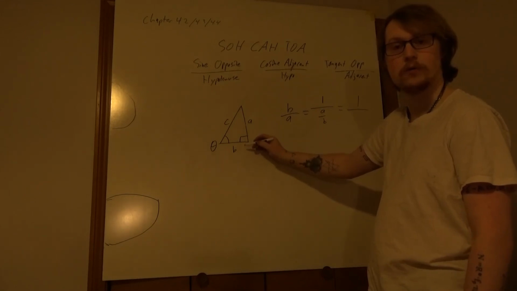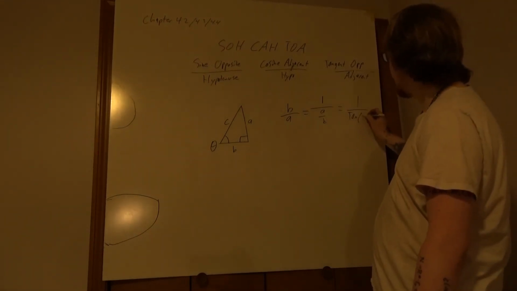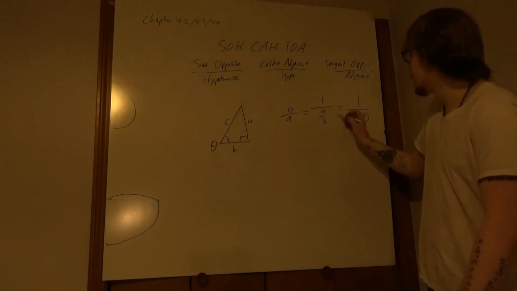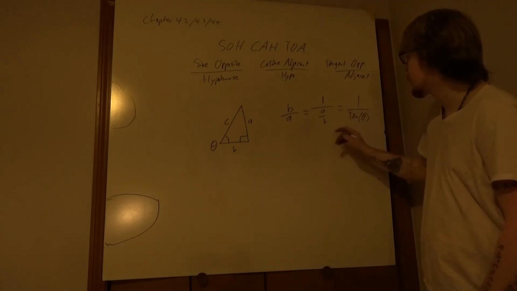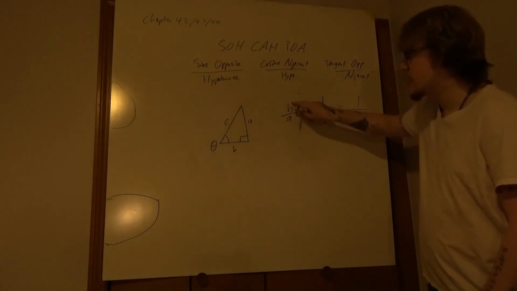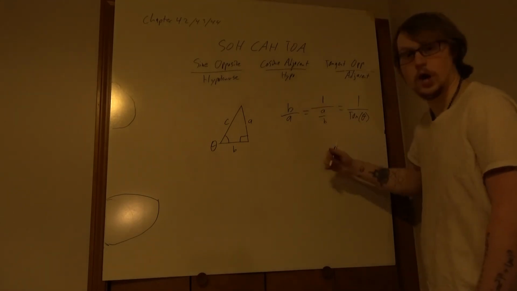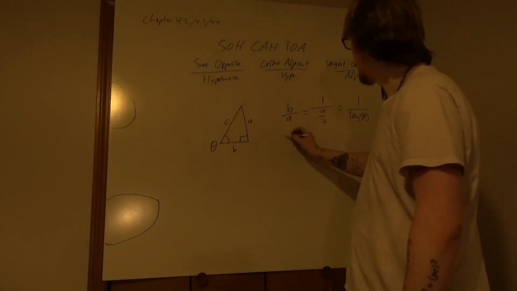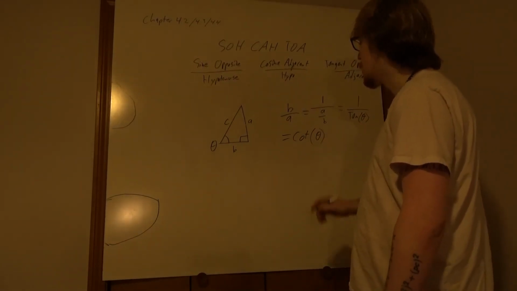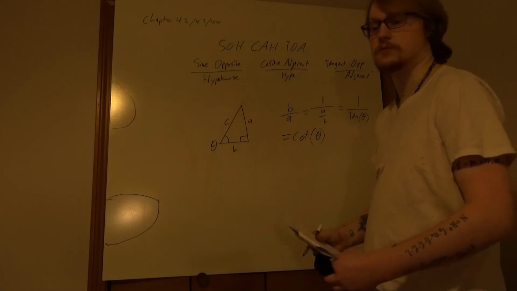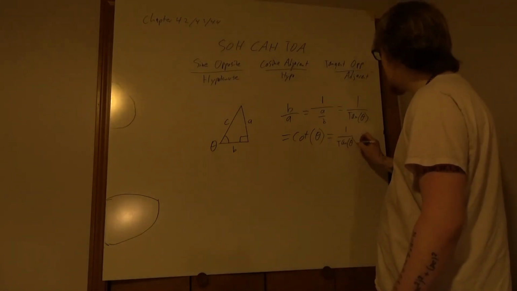It's opposite over adjacent. So this should be 1 over tangent, just by plugging in tangent for what we know it's equal to. And we call this sort of inverse ratio of the side lengths the cotangent, abbreviated as cot of theta. But we remember this is just 1 over tangent of theta.